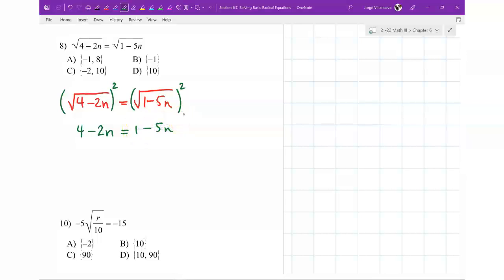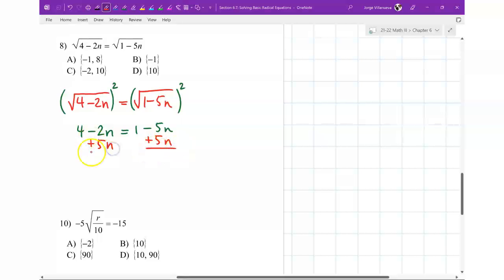Now start combining your like terms. So I noticed I have a negative 2n and a negative 5n on the other side. I usually like to move the smaller of the two. So negative 5n, I'm going to add that to both sides. So that gives me 4 plus 3n equals 1.